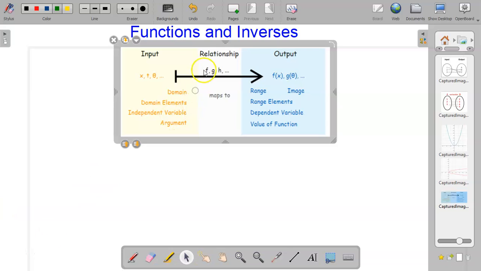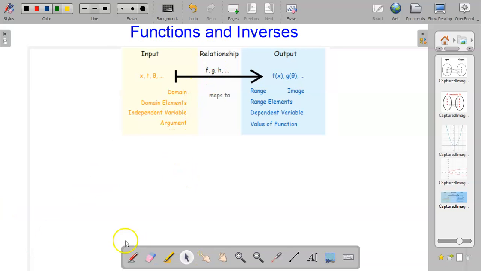So let's take an example here, right? An example of a function is something like f of x. We could also say g of x as an example. f of x could be x squared, that's a parabolic function, or you could say minus 3x plus 1, that is a straight line function.